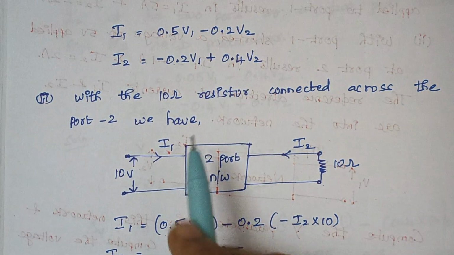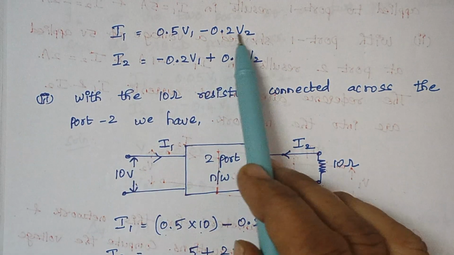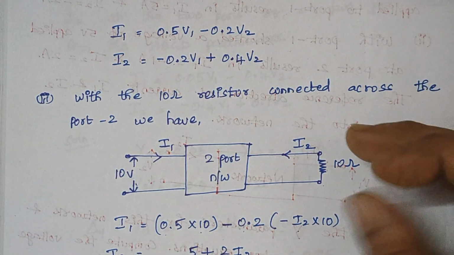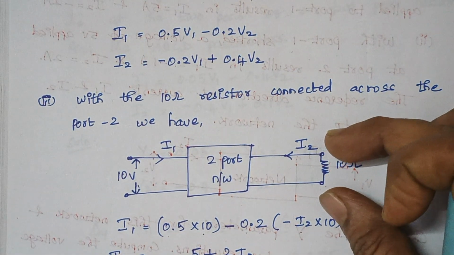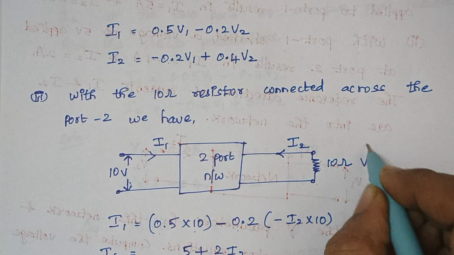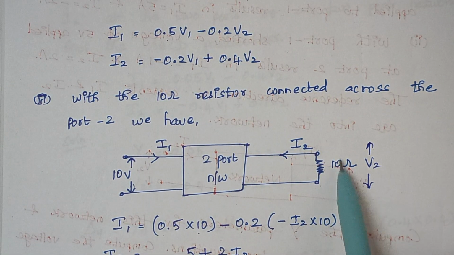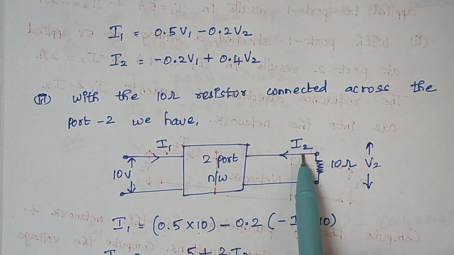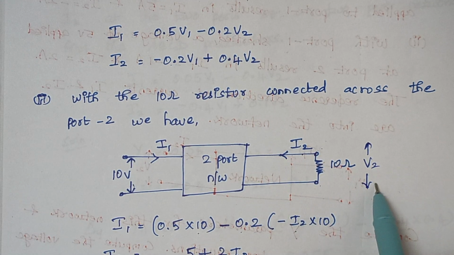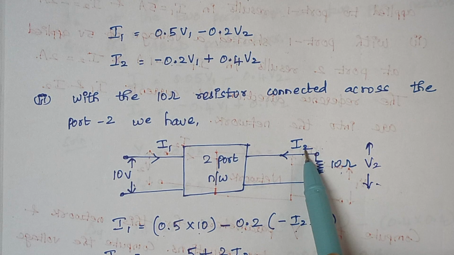We know the value of V1 as 10 volt, and what is V2? V2 is the voltage impressed across your 10 ohm resistor. V is nothing but I into R. The current that flows through this part is I2. So V2 is nothing but 10 into I2.